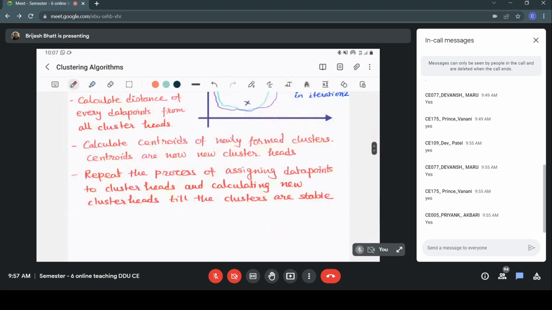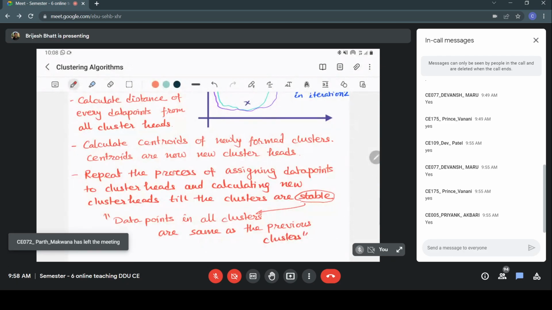What do I mean by a stable cluster? Stable cluster means the data points in all clusters are the same as in the previous clusters.